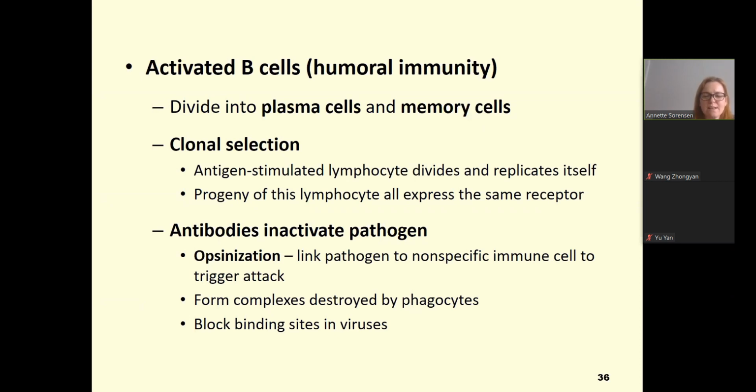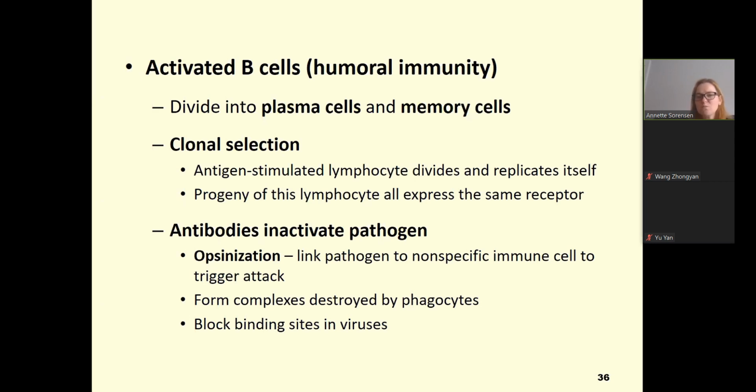Now, once the B cell is activated and plasma cells and antibody are made, how is the antigen, or the pathogen expressing the antigen, actually killed? Well, the antibody can inactivate the pathogen through a number of different mechanisms, as you can see down here. We have opsonization, which we've already talked about.